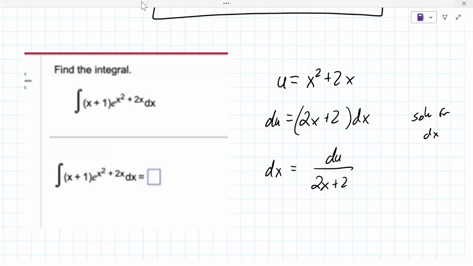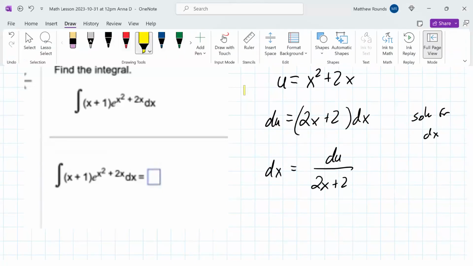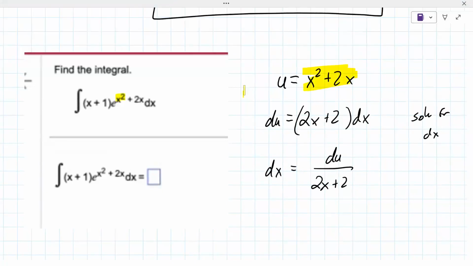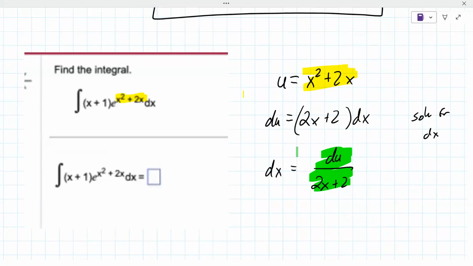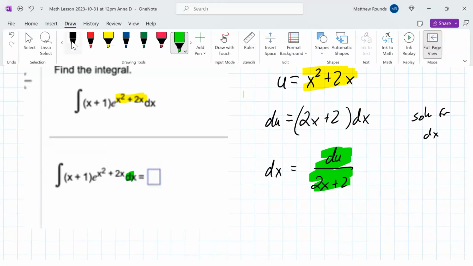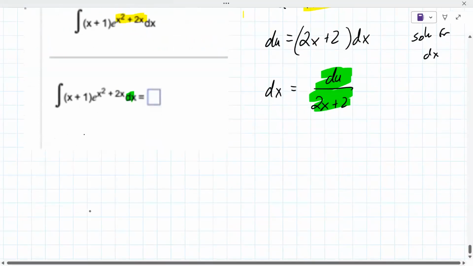And then you substitute back in. So this u goes in here, so that's going to be u. And then the du, I'll use a different color here, goes in for dx. You only rewrite the stuff that you don't have substitutions for.